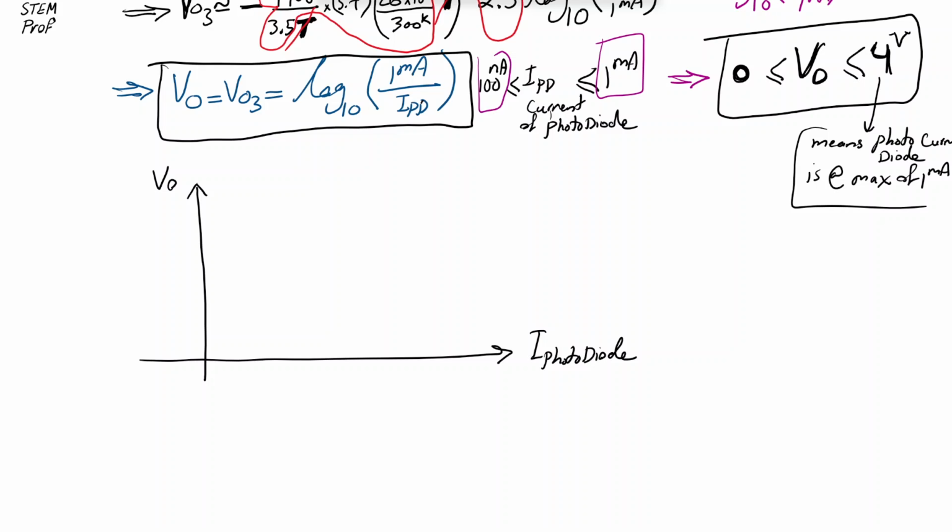So we have, let's say, 0 volt. And the current of the photodiode, let's show it in terms of microamp. So minimum is, let's say, 0.1 microamp, which means 100 nanoamp, and maximum is 1000 microamp, which means 1 milliamp. I am showing a log scale, so we have 4 levels effectively.